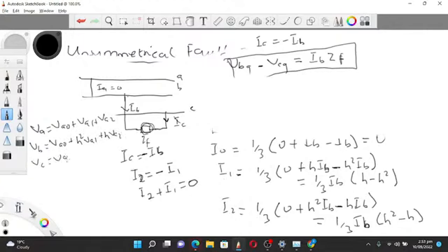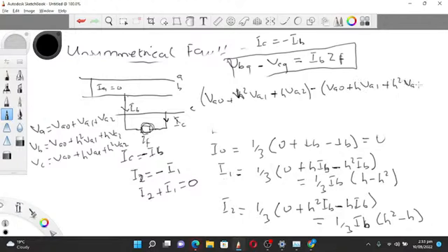VC will be VA0 plus h VA1 plus h squared VA2. Okay, so let's make reference to phase A. So here VBG will be VA0 plus h squared VA1 plus h VA2, minus VCG, which will be VA0 plus h VA1 plus h squared VA2.